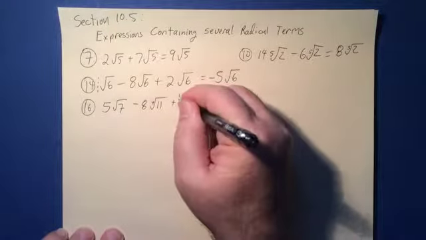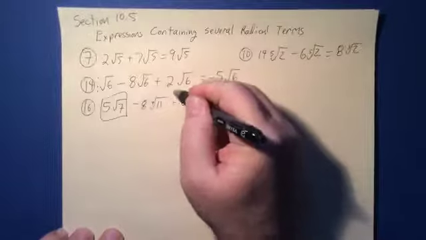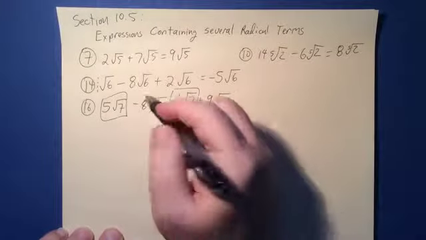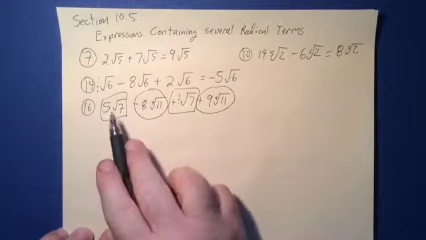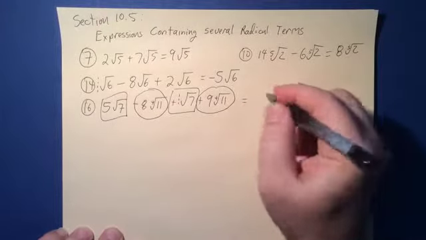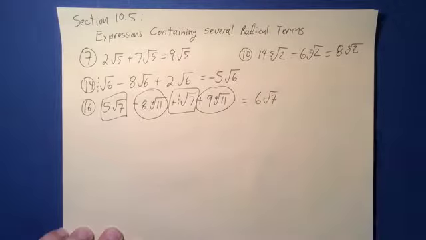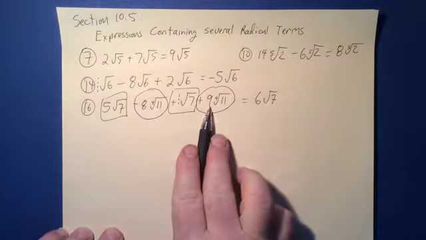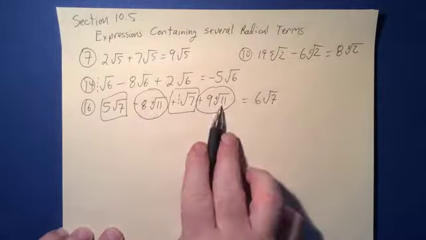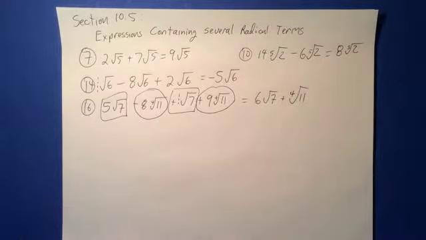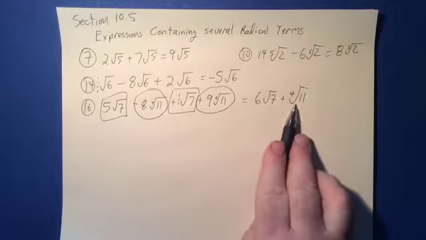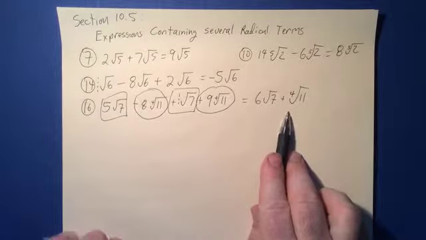Here, I'm going to box all the terms that contain a radical 7, and I will circle the terms that contain the fourth root of 11. So I have 5 plus 1, which gives me 6 radical 7. Here I have negative 8 and positive 9 for the fourth root of 11, so that's plus 1 times the fourth root of 11. You don't need to put the 1 here, though my math teacher probably wouldn't like it. So be ready to express it as 6 radical 7 plus the fourth root of 11.